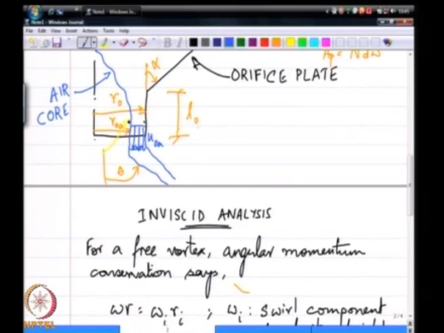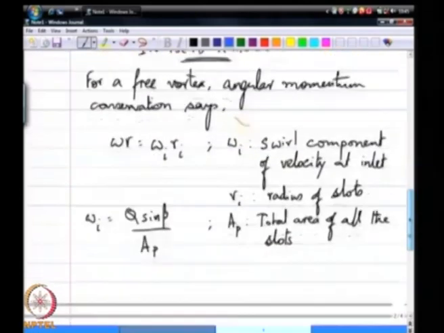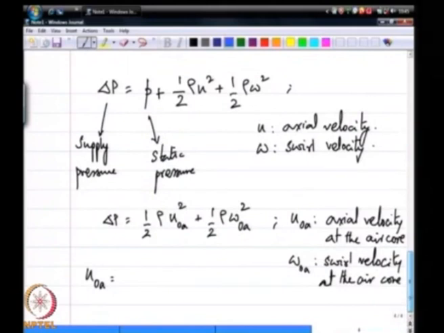And w 0 a happens to be the swirl velocity. So, we will write some simplifying expressions for that.